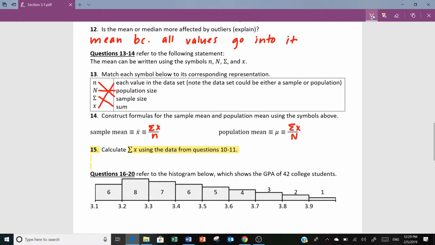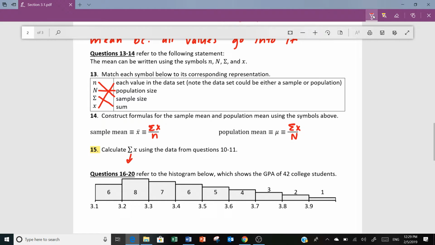Okay, I'm going to come around to check to see if we did this. Okay, it looks like we're pretty much done. Sigma means sum, x meaning each value, so we have sum each value.